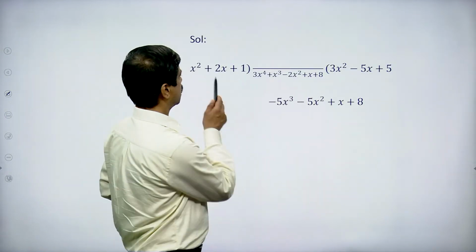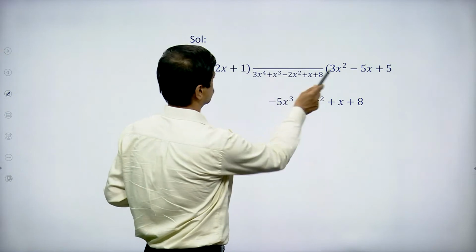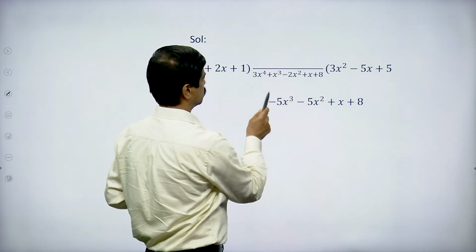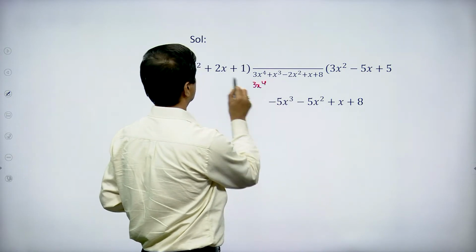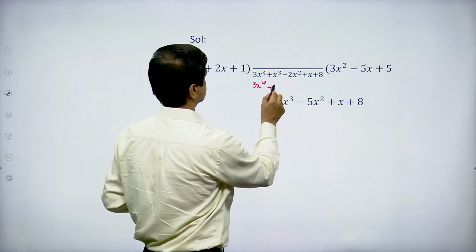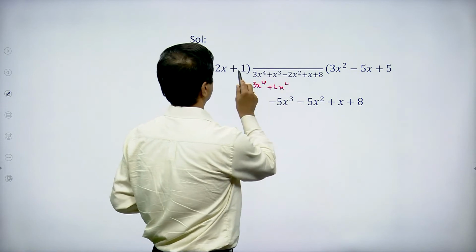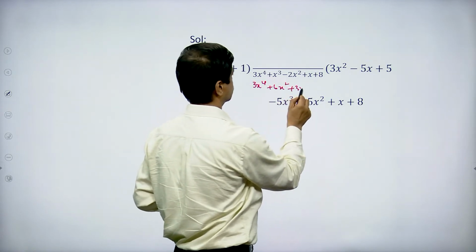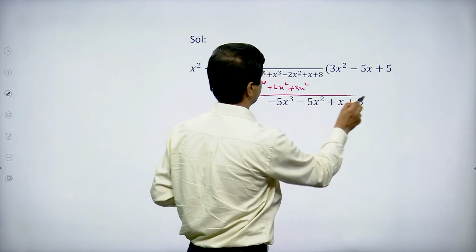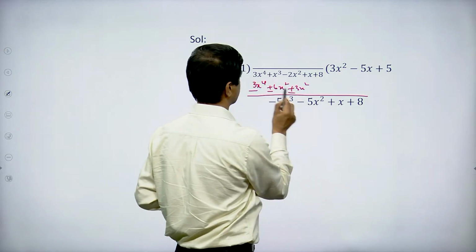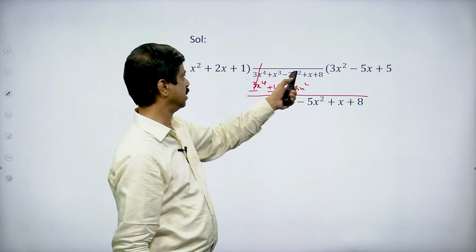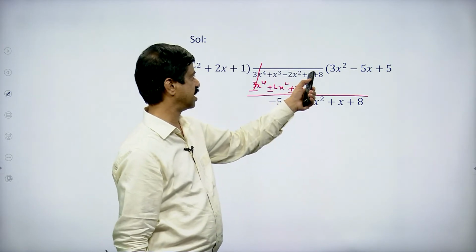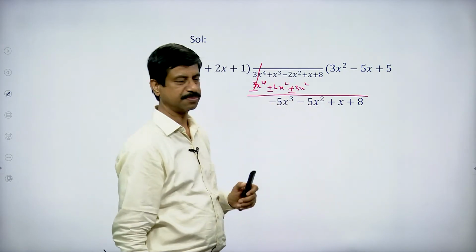You see, x square into 3x square is 3x power 4. So 3x power 4, you will get it like this. 3x power 4, 2x into 3x square is 6x cube, 1 into 3x square is plus 3x square. So you change the signs, minus, minus, minus. These two get cancelled. You are getting 1 minus 6 is minus 5, minus 2 minus 3 is minus 5, x plus 8 as it is.